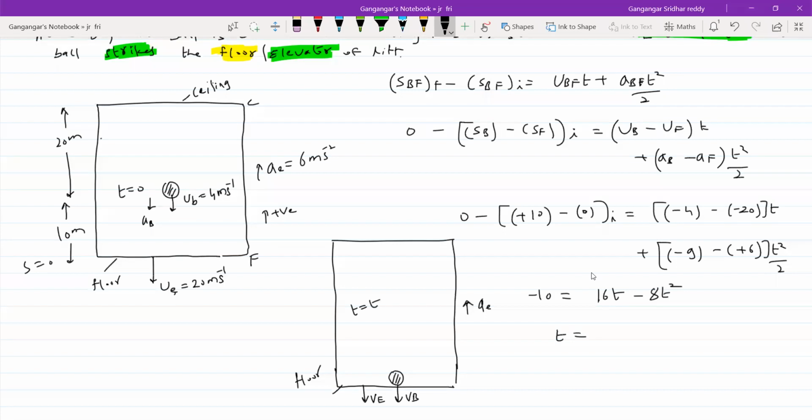Sir, we got two values, 20 by 8 and minus 4 by 8. Sir, 2.5 and minus 0.5 seconds.